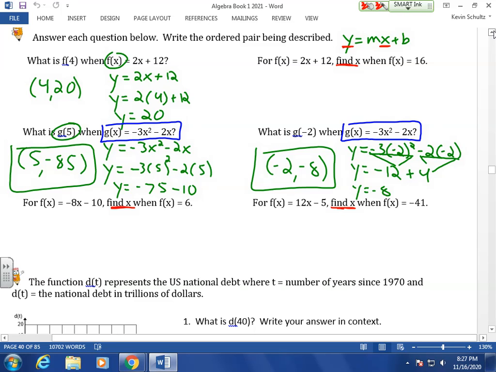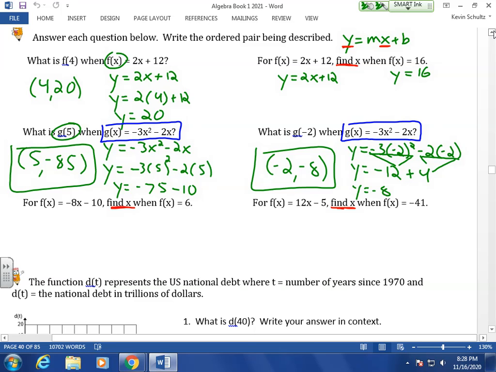And if we remember that f of x is really just a fancy way to write y, you could reread this to literally mean for y equals 2x plus 12, find x when y equals 16. This time I'm giving you the output and saying, what are we going to have to put into this equation to get this result? This is the result we want. What are we going to have to put into the equation to get there?